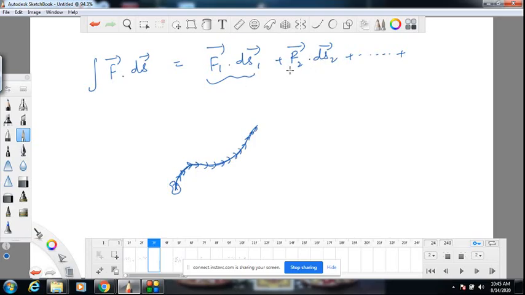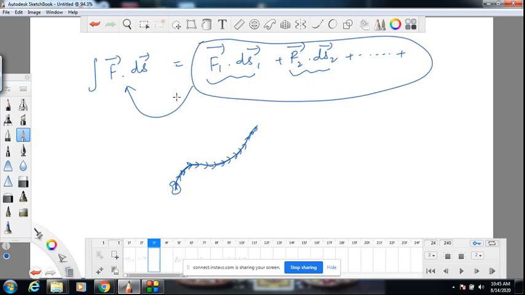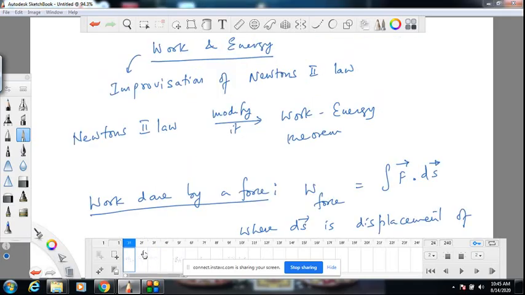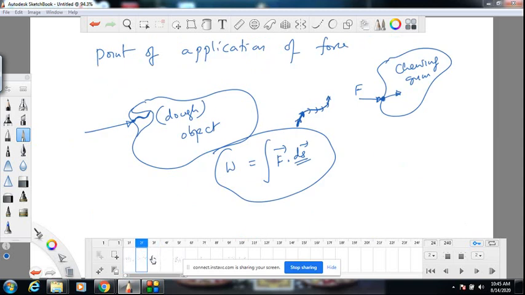Add all these. This addition is what is called integration. So work done by a force, the most general definition, is integral F dot ds, where ds is the displacement of that point where force is applied. This is the most general definition of work done by a force.